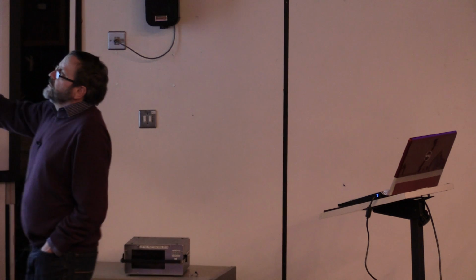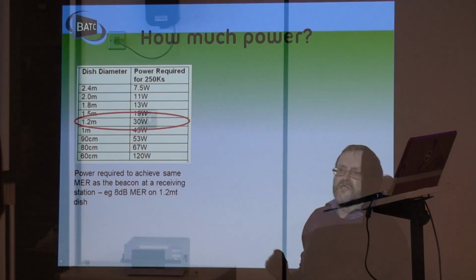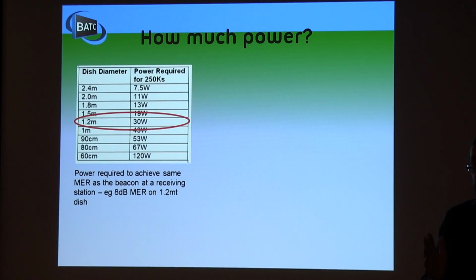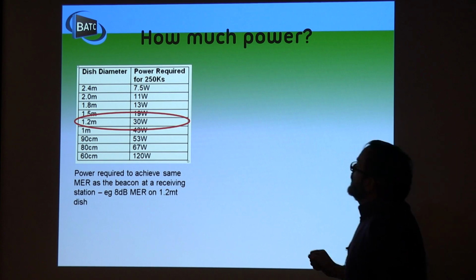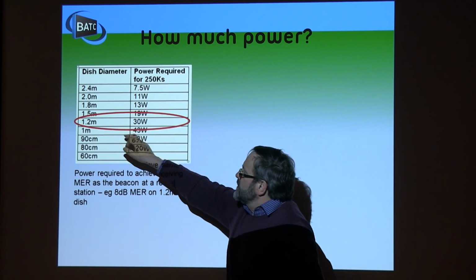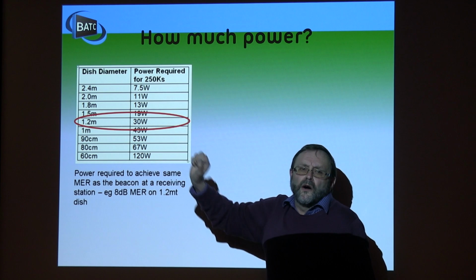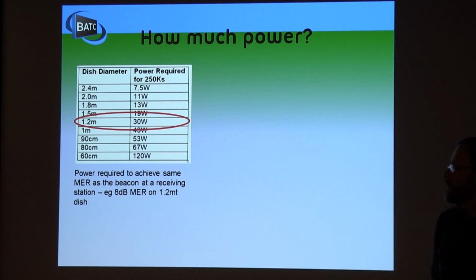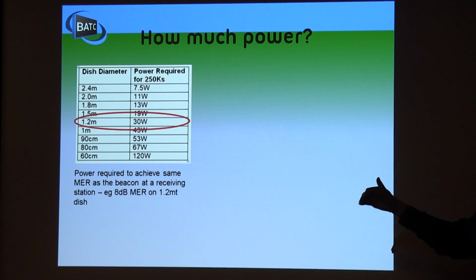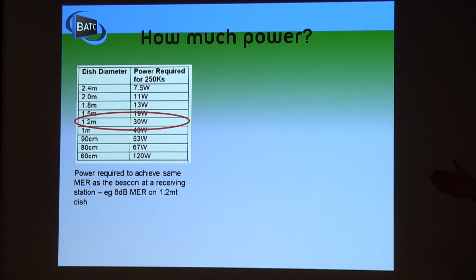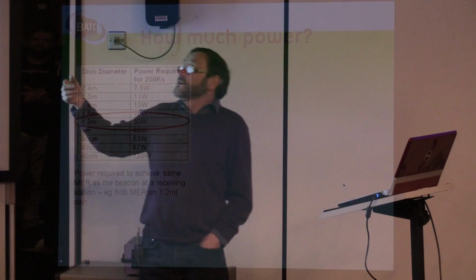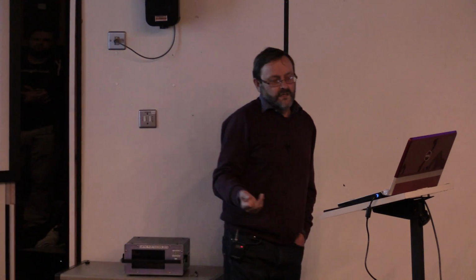if you're running 250 kilosymbols, i.e. 250 kilohertz wide, with a 1.2 meter dish, you will probably need about 30 watts. If you reduce your dish size, you will require more power. If you increase your dish size, obviously, you will require less.